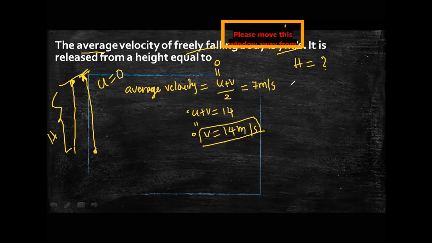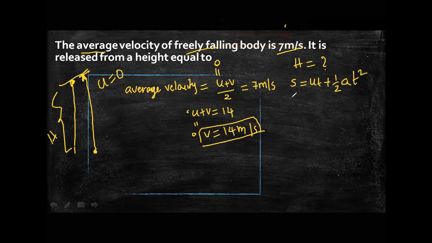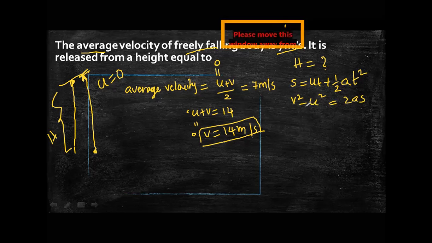I can use the second, S equals ut plus half at square, if we have the time. The other one is v square minus u square equals 2as.